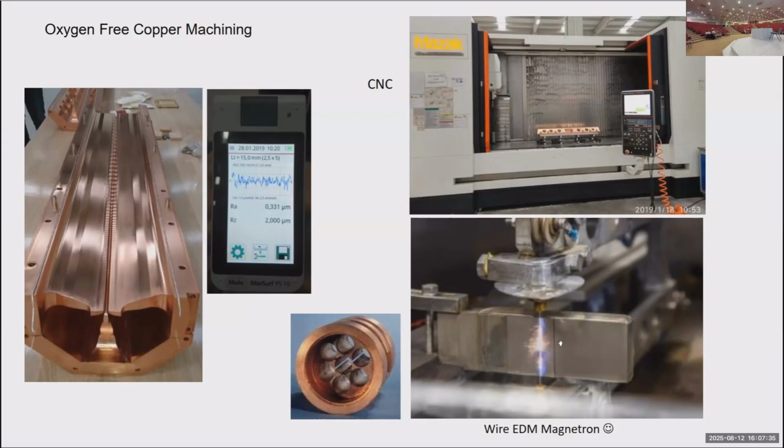This is the CNC at the upper side, about the 6-axis. What does 6-axis mean? 6 degrees of freedom. And another one at the bottom right side, wire EDM. You know EDM? Electrical discharge machining. It cuts by plasma underwater.